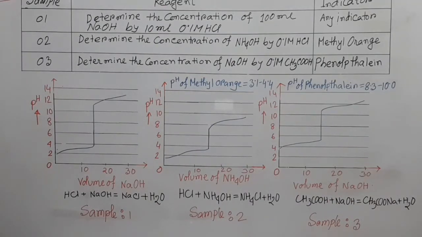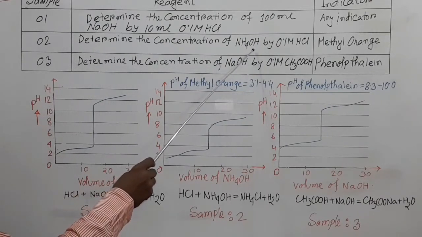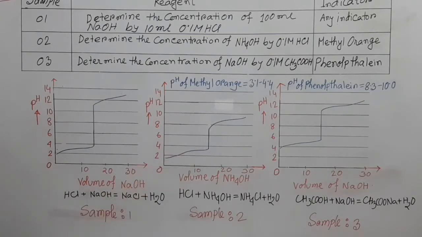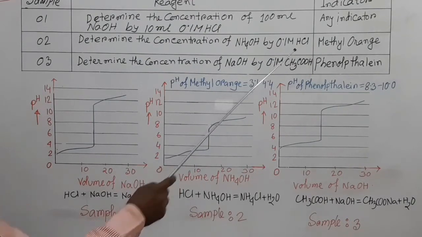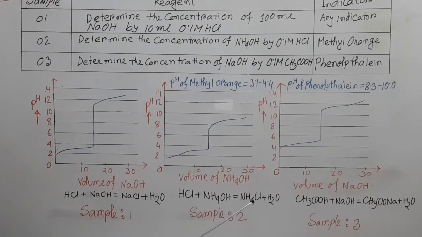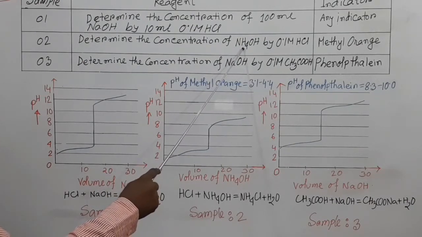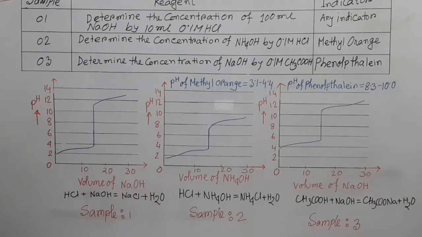My dear students, here for sample 2 we use ammonium hydroxide and hydrochloric acid. We know that hydrochloric acid is a strong acid and ammonium hydroxide is a weak base.